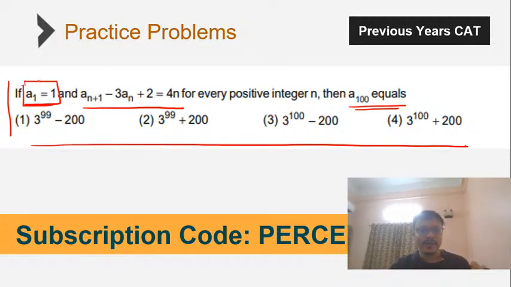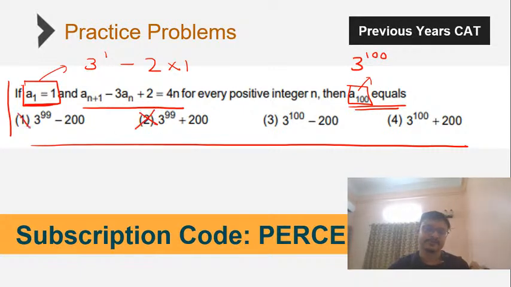So how can I write a1 in terms of powers of 3? a1 is 3 to the power 1 minus 2. Which means I need to get the value of a100. So the first thing I need to do is 3 to the power of 100.